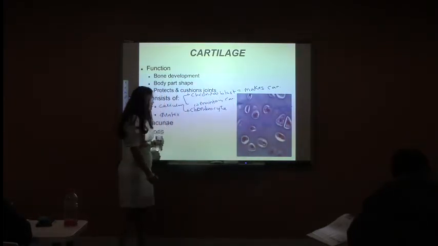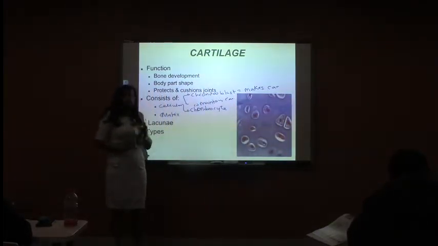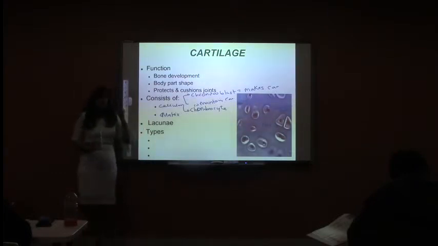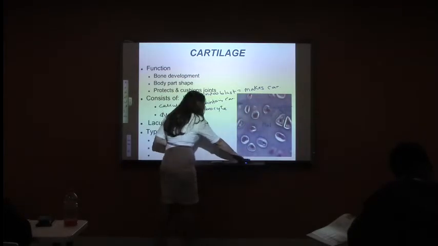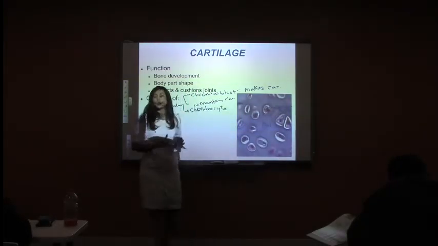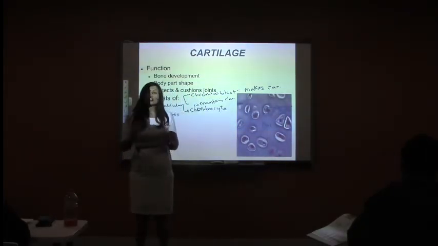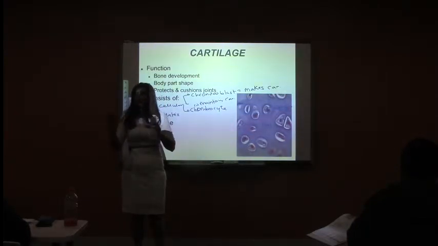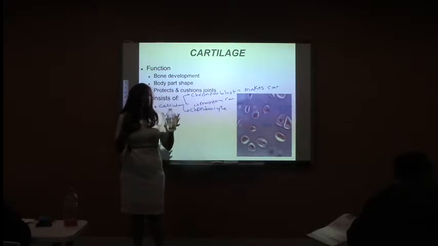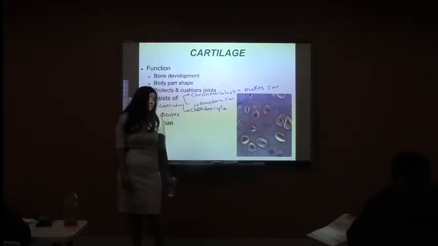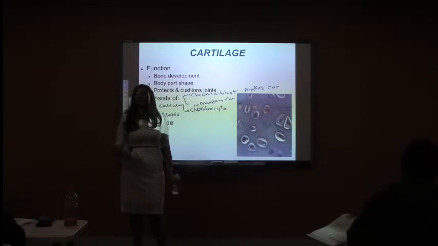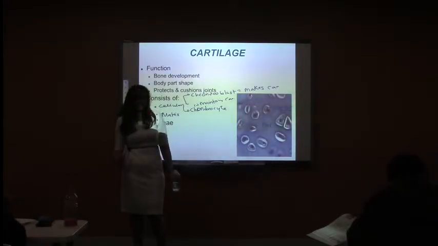Now, what is the difference between a chondrocyte and a chondroblast besides the function? A chondrocyte is just a mature chondroblast. So a chondroblast will make the cartilage, and once it makes the cartilage, it's like, okay, I'm finally done making it. Now it turns into a chondrocyte.